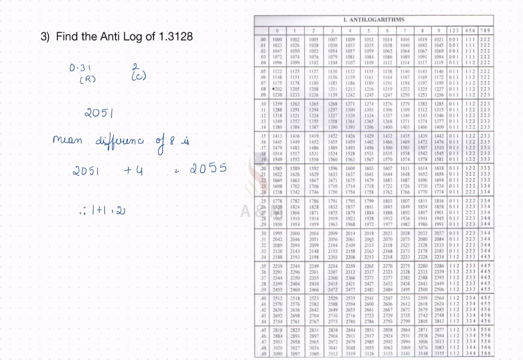Therefore, here after 2 digit, you must put the decimal point. After 2 digits means after 2 and 0. Here it should be. So the answer is 20.55. Therefore, antilog of 1.3128 is 20.55.